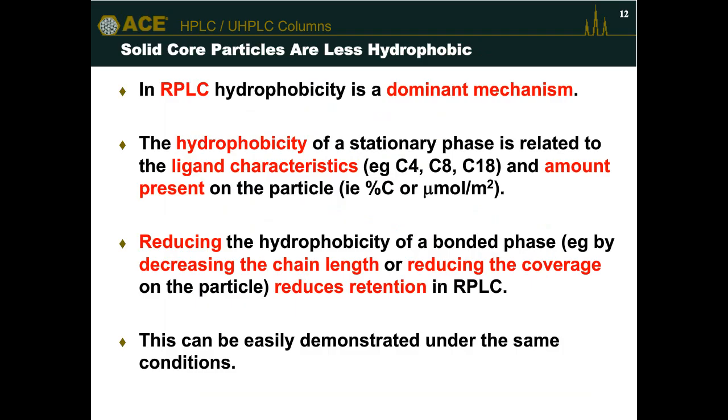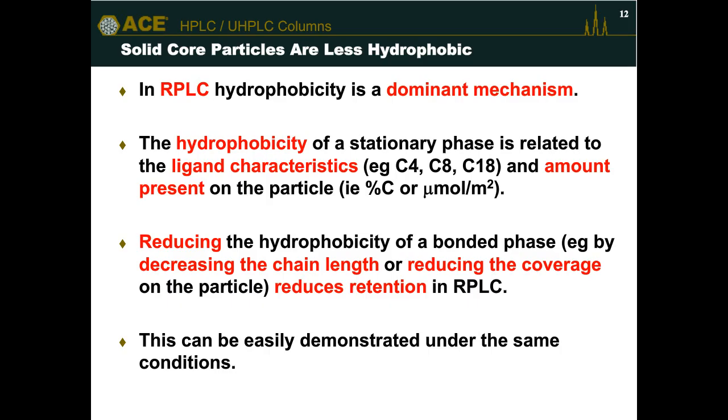Now, I've mentioned reverse phase is predominantly a hydrophobic interaction with our analytes. And one way in the past we've chosen to speed up methods is to reduce the length of the alkyl chain on our stationary phase.